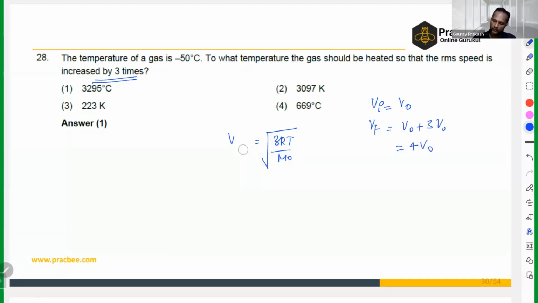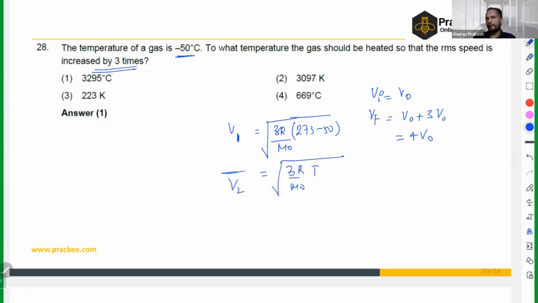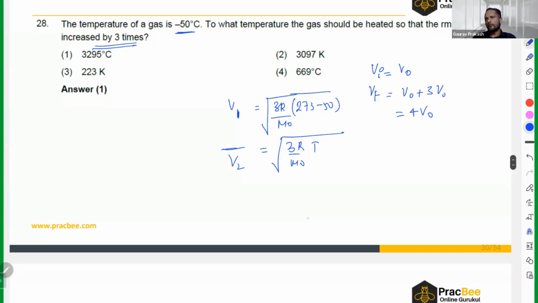So VRMS 1, I can write as V1, and the temperature is minus 50. So this is 273 minus 50, divided by V2, and V2 will be 3R upon M naught into some temperature T that we have to find out. If I divide these two things, final by initial, basically this becomes 1 by 4. If I square it on both sides, we have everything getting cancelled out.